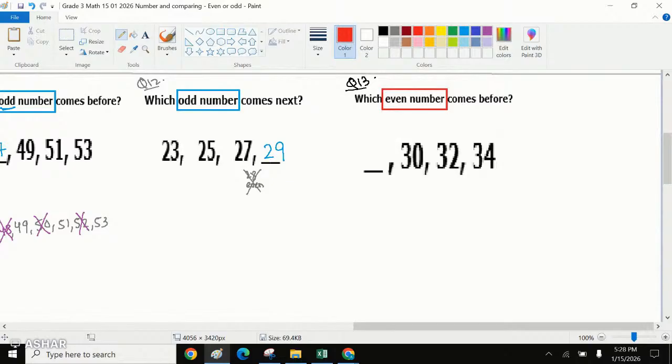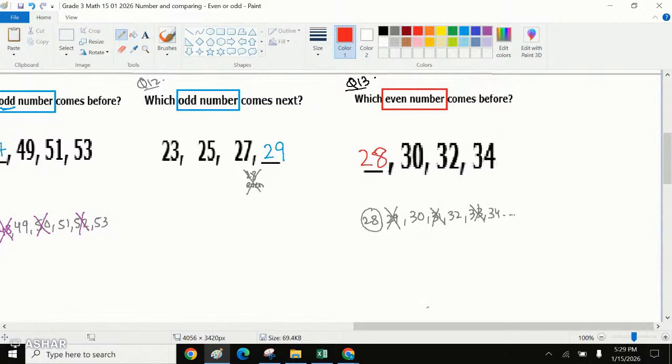Yes, thank you. The number before 30, if I write 30, 31, 32, 33, 34 and so on, but the numbers before would be 29 and 28. Since we are only looking at even numbers, that means the number should be 28. Yes, thank you so much for the answer.